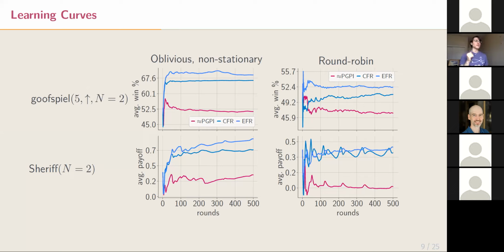The ordering is largely the same, with EFR on top, CFR in the middle, and PGPI at the bottom. In Sheriff, the difference between CFR and EFR is a little bit less. The difference is mostly in how stable CFR's average payoff is, but there's still a big gap between PGPI and CFR or EFR.